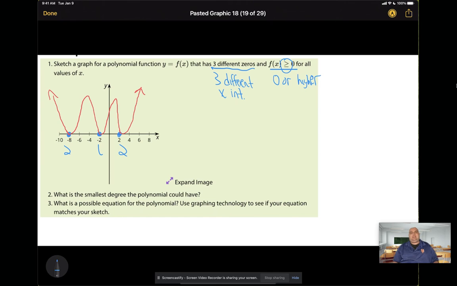It wouldn't make sense to have a multiplicity of 0, because that would mean it never occurs. So the least multiplicity that each x-intercept could have is 2, which means the smallest the degree could be is 6. Why 6? Because 2 plus 2 plus 2 is 6.